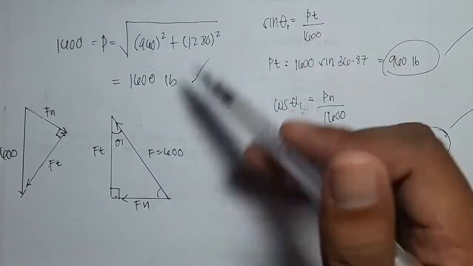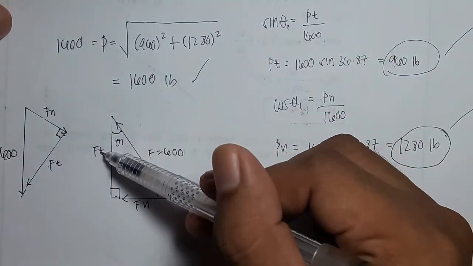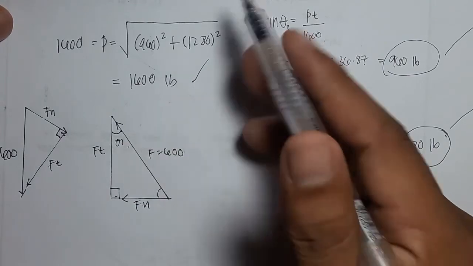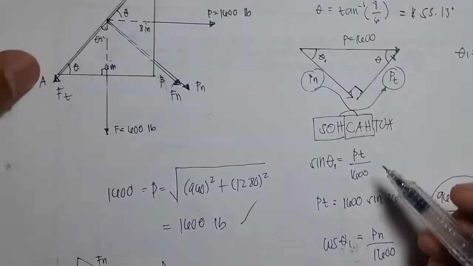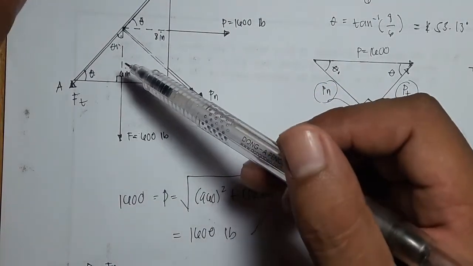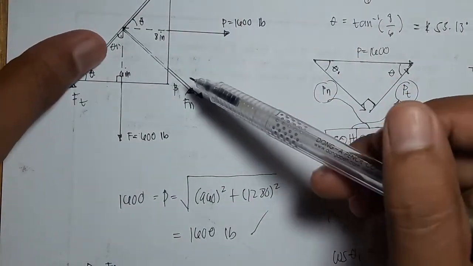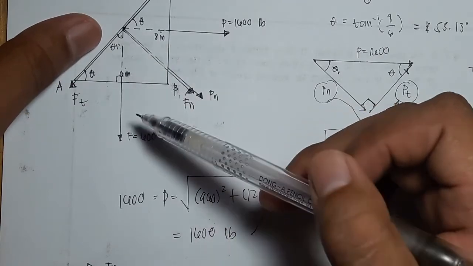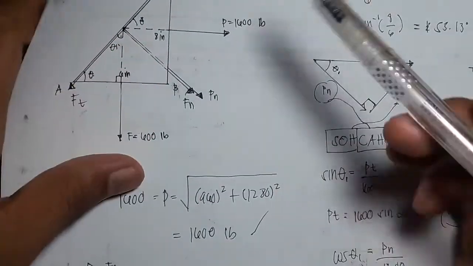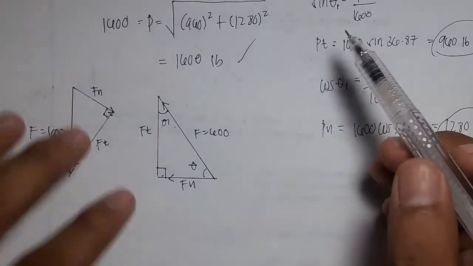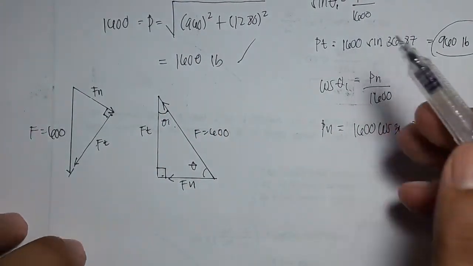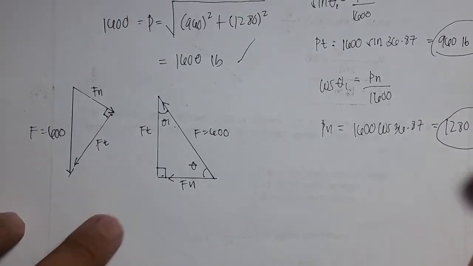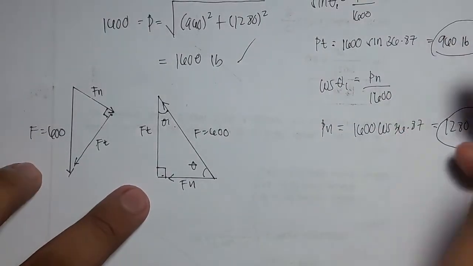So in our case, the angle between FT and F would be theta 1, and this would be the angle theta. I will just recheck. Okay, that's correct. So now we have this triangle here, and the SOHCAHTOA begins.